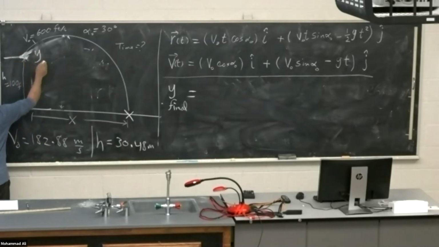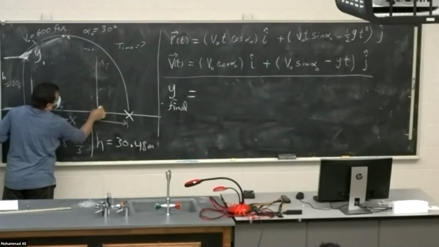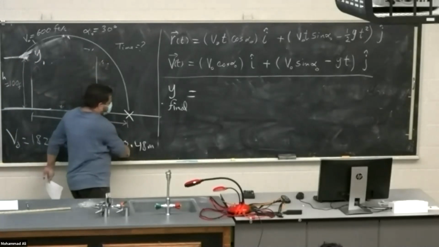Y initial is here. Y final is here. It is downward by this magnitude.